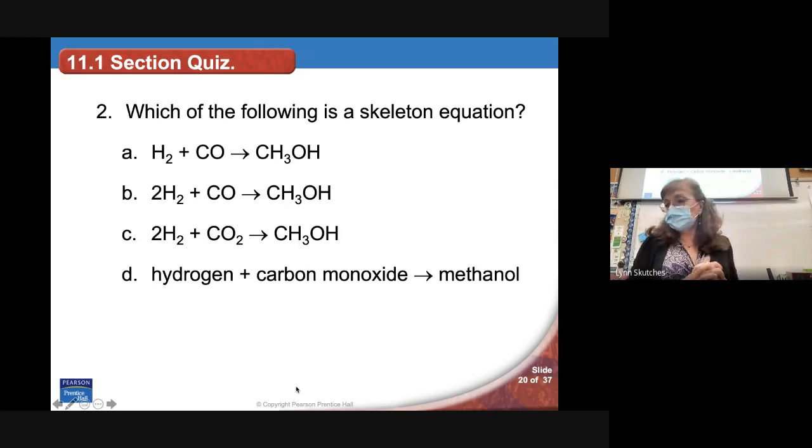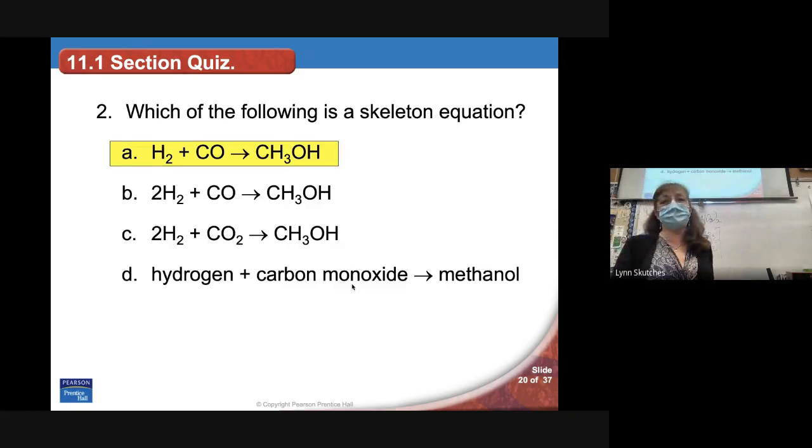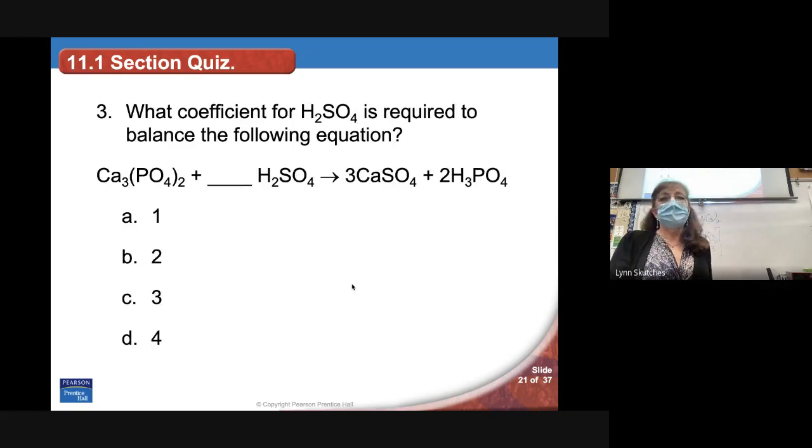Emma. It's not D, right? Because those are words. Yeah. It is. Nicely done. What coefficient for H2SO4 is required to balance the following?